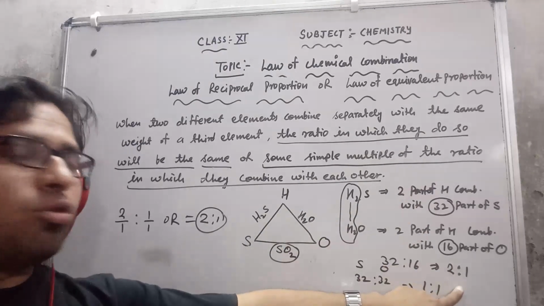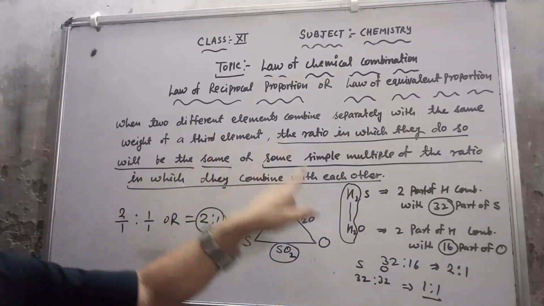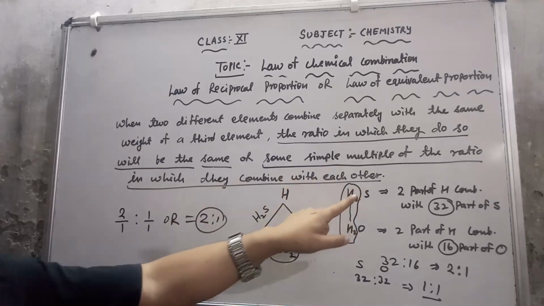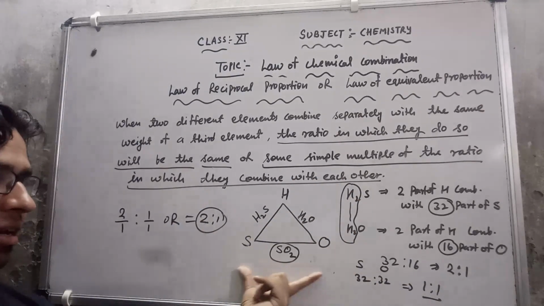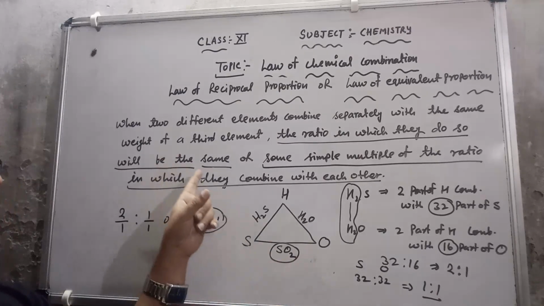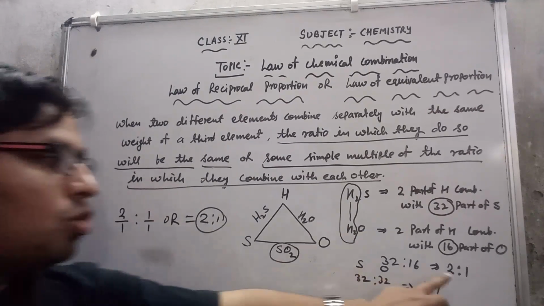That ratio must be the same or some simple multiple of the ratio in which they combine with each other, which you have seen as 2 ratio 1.